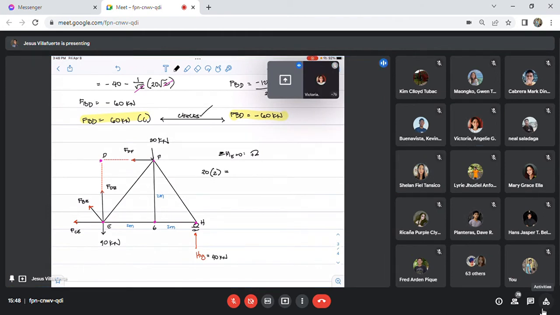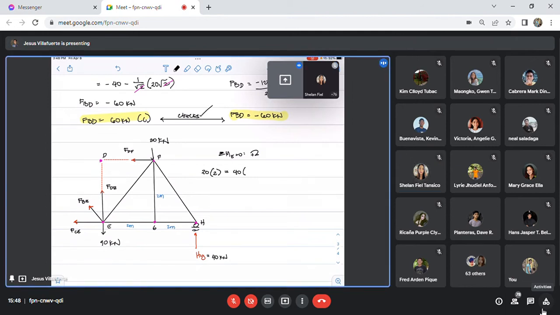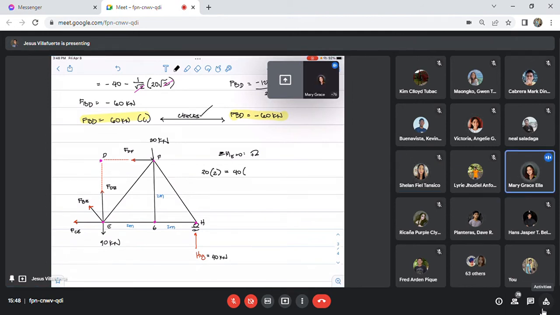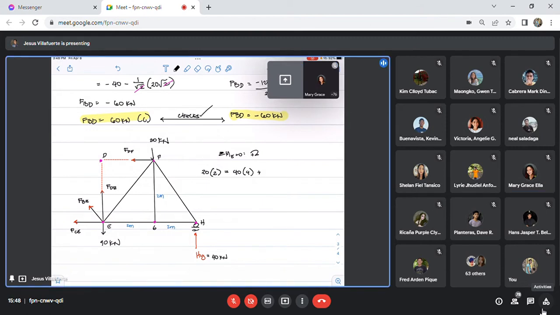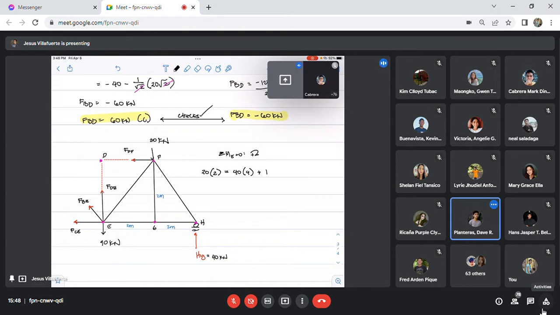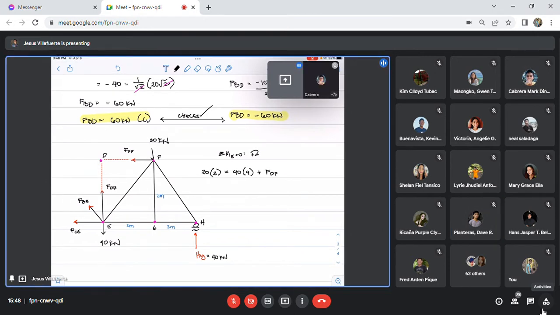Equals counterclockwise. What is our counterclockwise force? 40, sir. What is the moment arm of 40? 4, sir. Very good. And then, what else? FDF, sir. What is the moment arm of FDF? 2, sir.